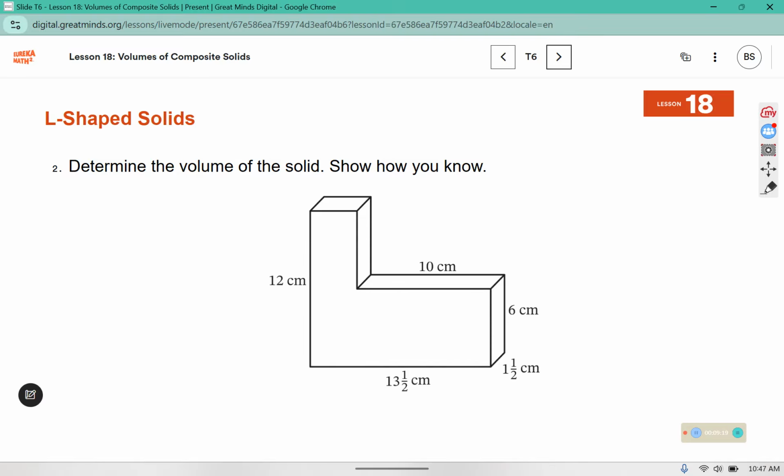Determine the volume of the solid. Show how you know. Well, we can cut it into two sections just like we have been doing.